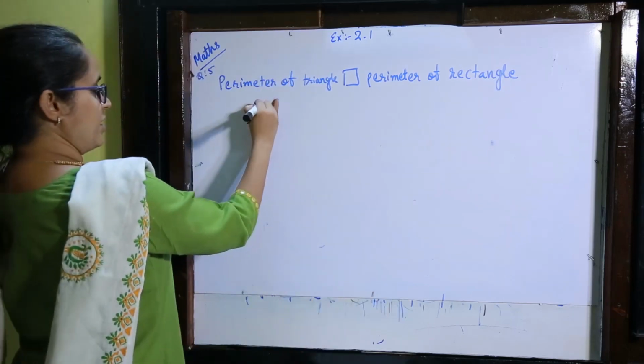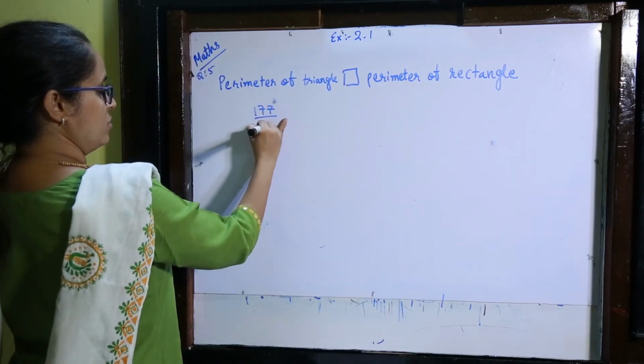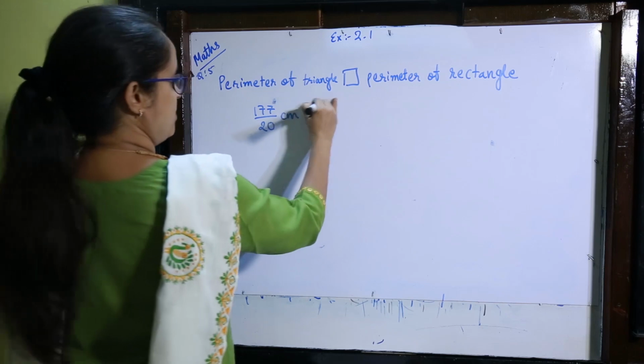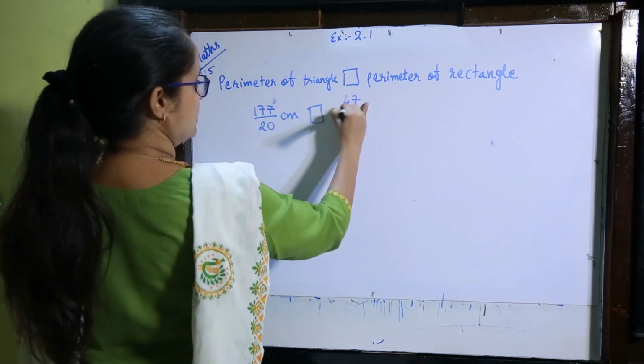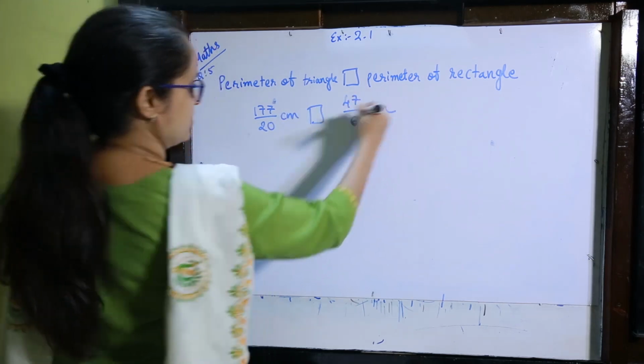So perimeter of a triangle is 177 upon 20 centimeter and perimeter of a rectangle is 47 upon 6 centimeter.